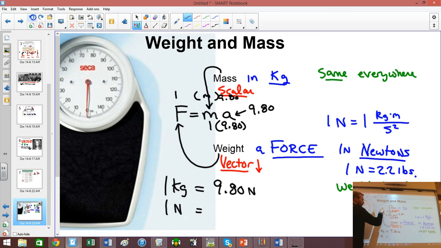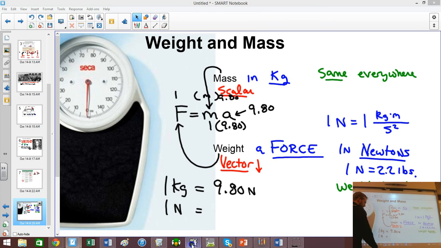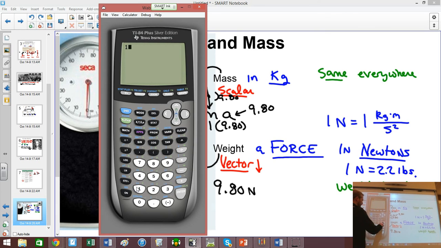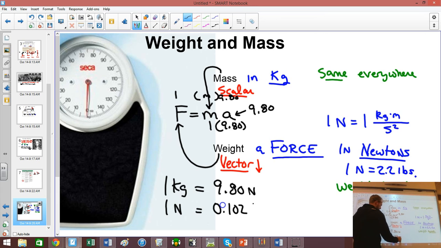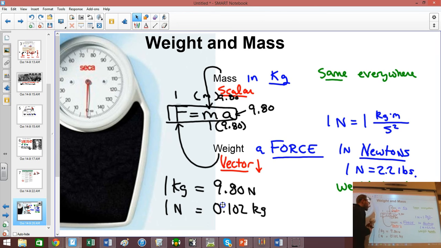I wonder what its mass is. 1 divided by 9.80 is 0.102. 1 newton equals 0.102 kilograms. So if you want to go from one to the other, you run it through this equation, F equals ma. If you know the mass, put it in for m, multiply it by 9.8, and you'll get out what it weighs in newtons. If you know what it weighs in newtons, divide by 9.8 to get its mass.